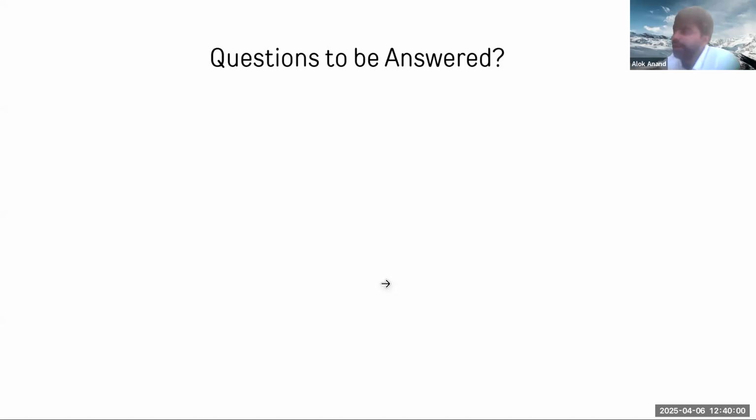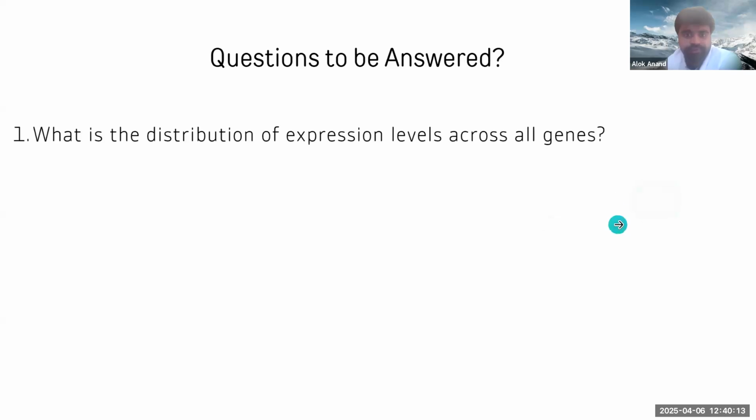Okay, great. So, it means relating the patient level, the clinical level data with the transcriptome level data, right? Yes, sir. Great. So, let us see what are the different questions that I have framed here. So the first question can be, what is the distribution of the expression level across all the genes?